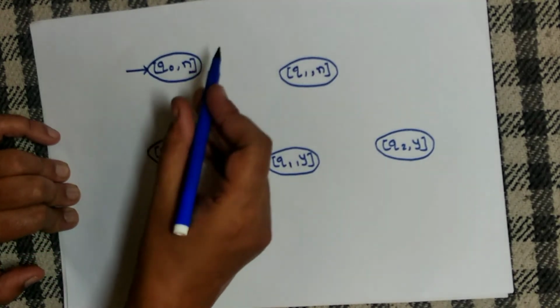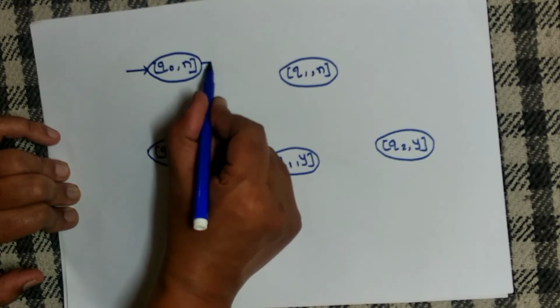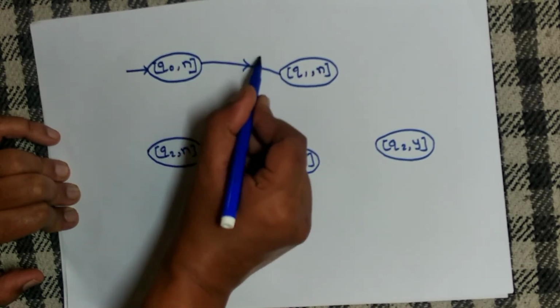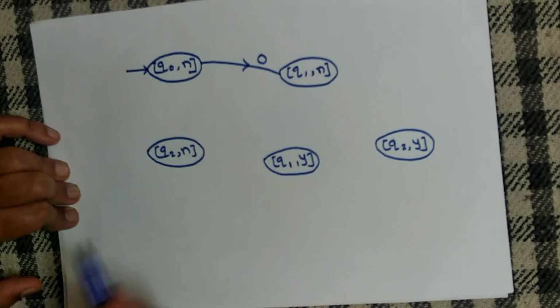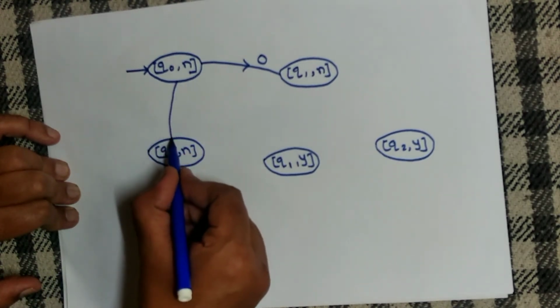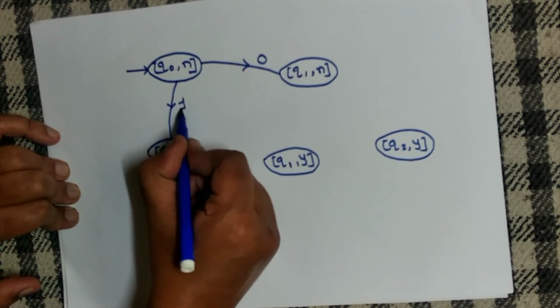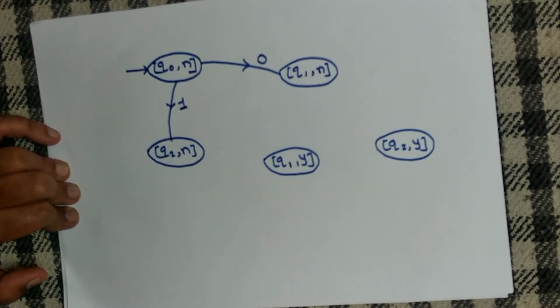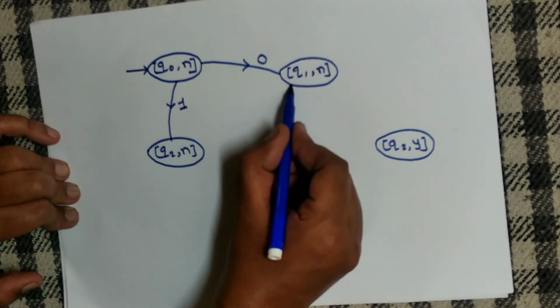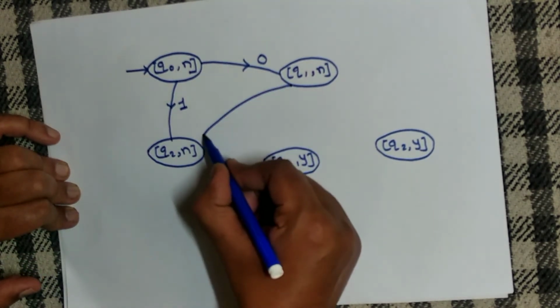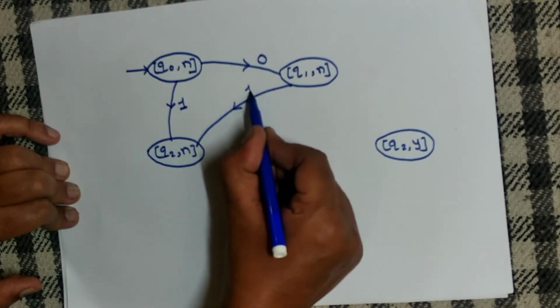Q0 by taking 0 goes to Q1. Then Q0 by taking 1 goes to Q2. From the Mealy machine we can make the transitions. Then Q1 by taking 1 goes to Q2.